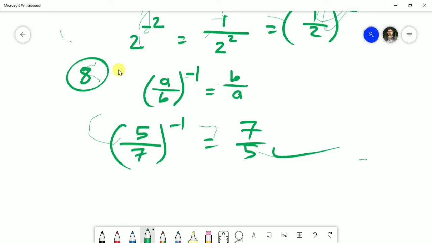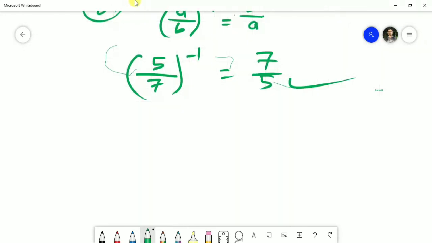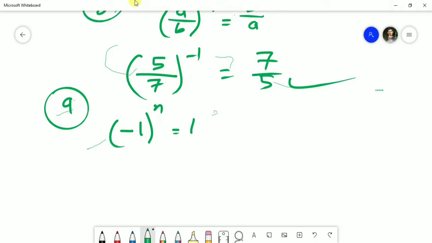I don't think there is any kind of difficulty in learning this. Okay, let us see the next. After 8 we will have 9. Now let's talk about one thing, minus 1. If there is minus 1 to the power n, remember, if n is even, then this will always be positive.